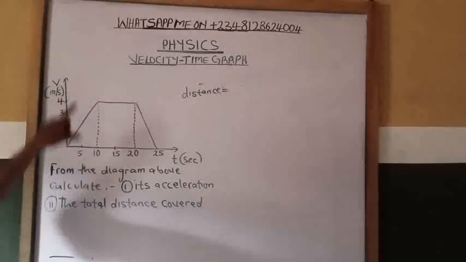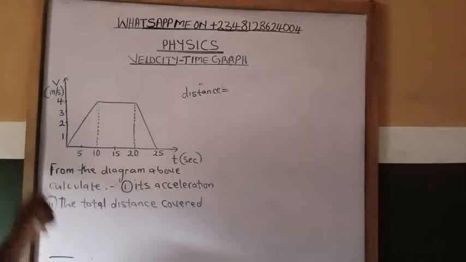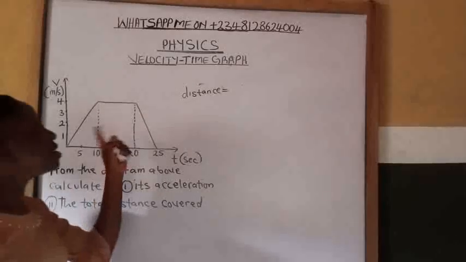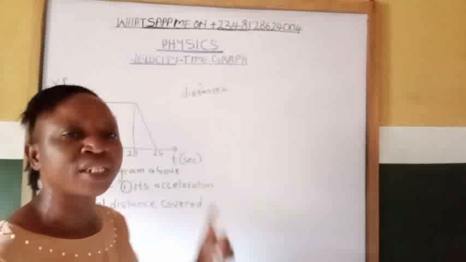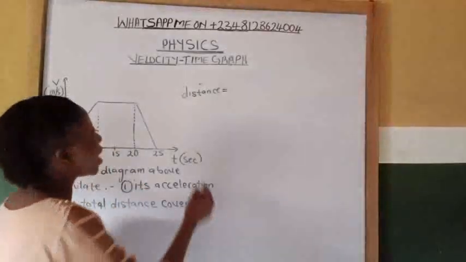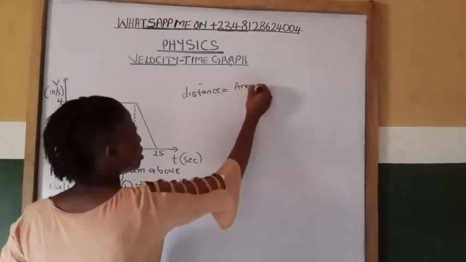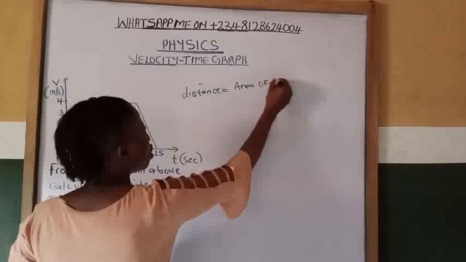You use the area of the shape. The area of the shape that appears on the graph will be the total distance. So distance is the area of the shape.